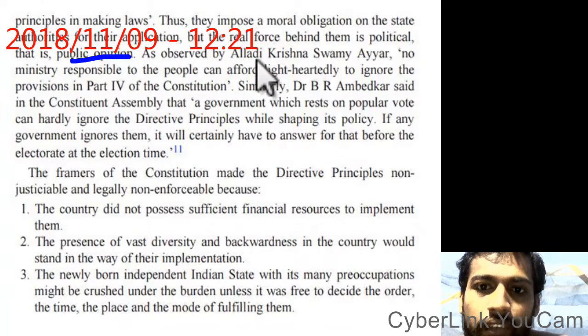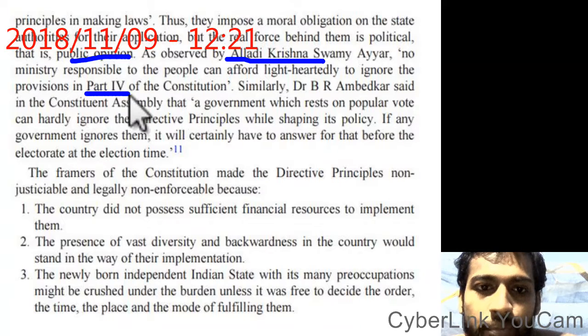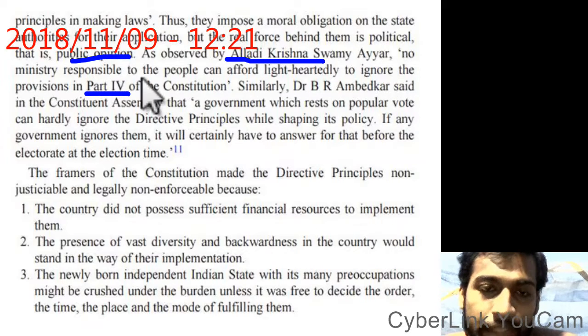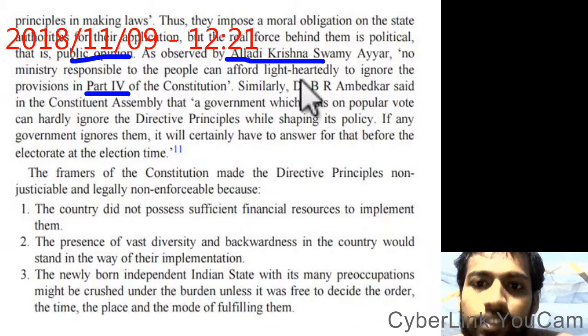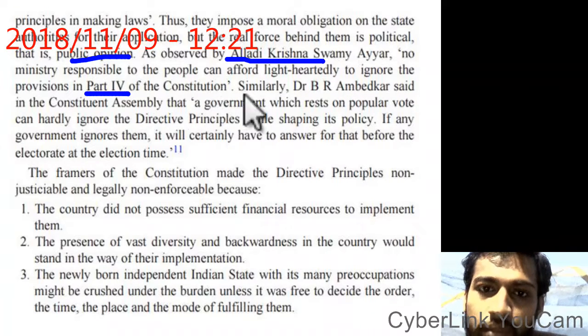As Alladi Krishnaswamy Iyer observed, no ministry responsible to the people can afford light-heartedly to ignore the provisions in Part 4 of the Constitution.